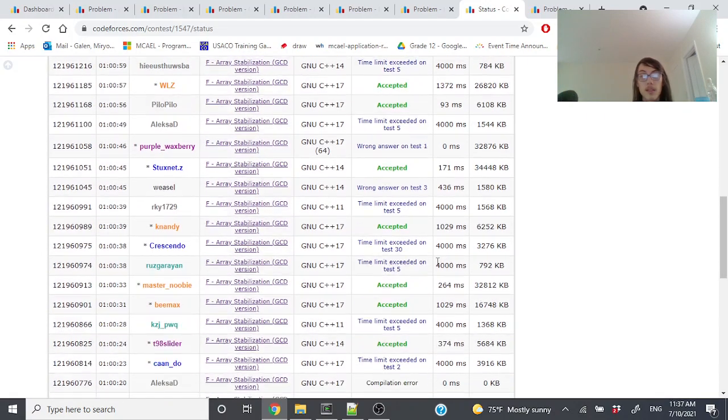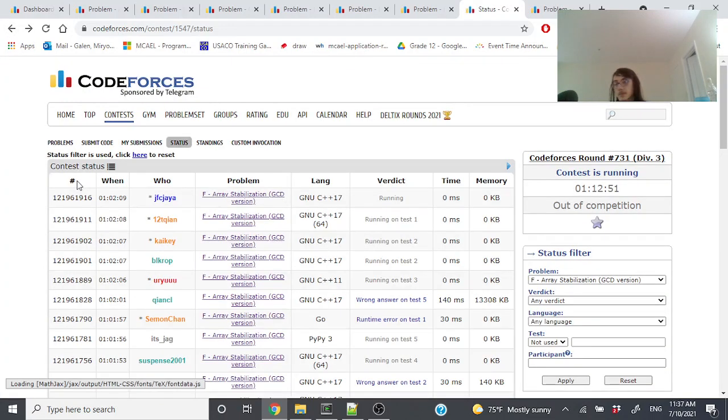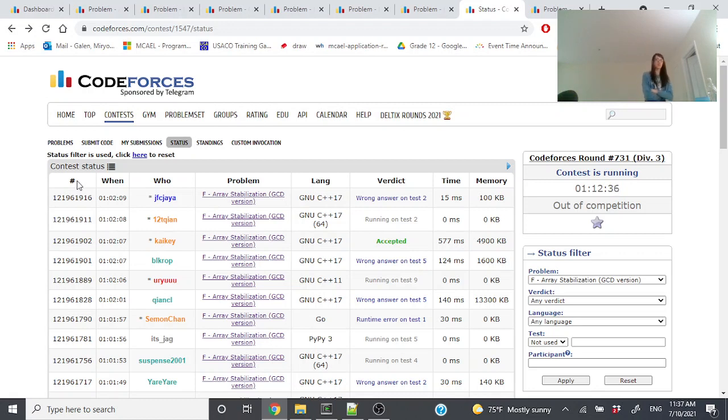Varies. I guess my solution is n log n, or n log max value, but you can probably do it in n log with a log squared factor in it if you wanted.